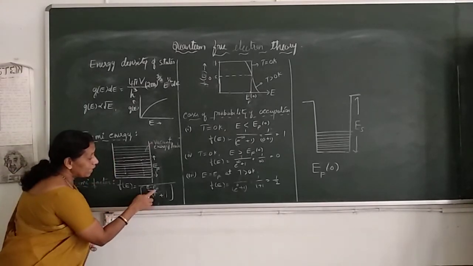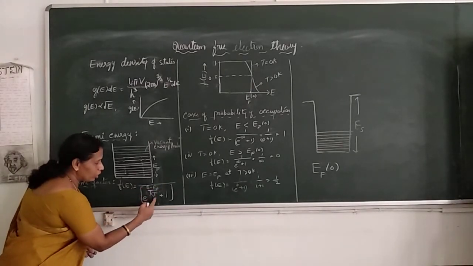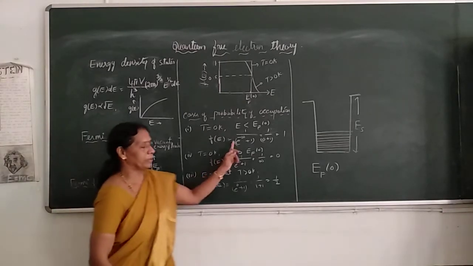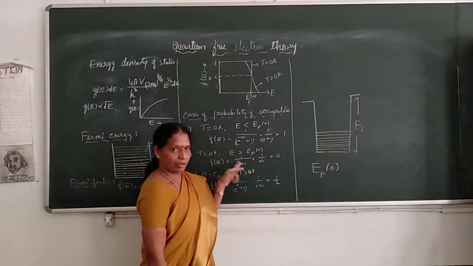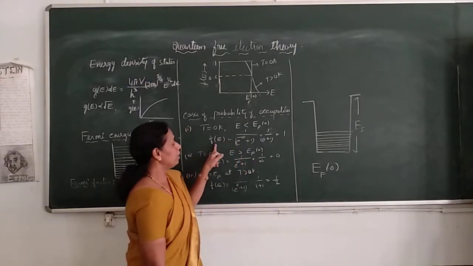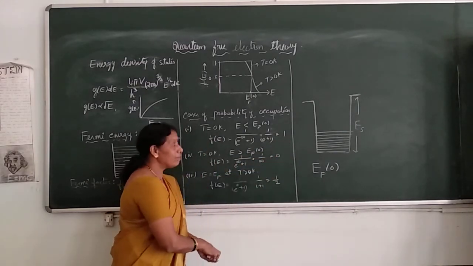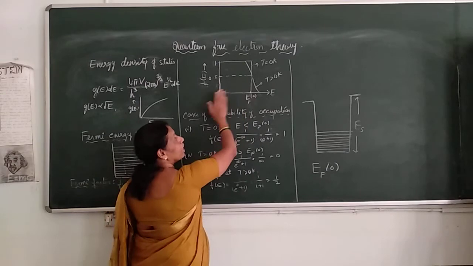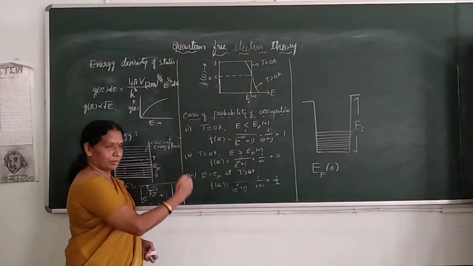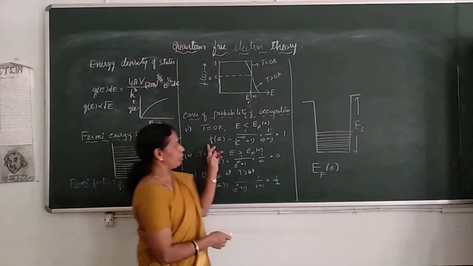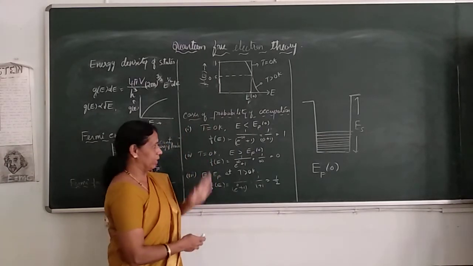Here E is less than EF, so this term becomes minus infinity. E power minus infinity, 1 by e power infinity, is 1 by infinity, 0. So you get the probability function f of E as 1, indicating that all the levels below EF of 0 are completely filled.